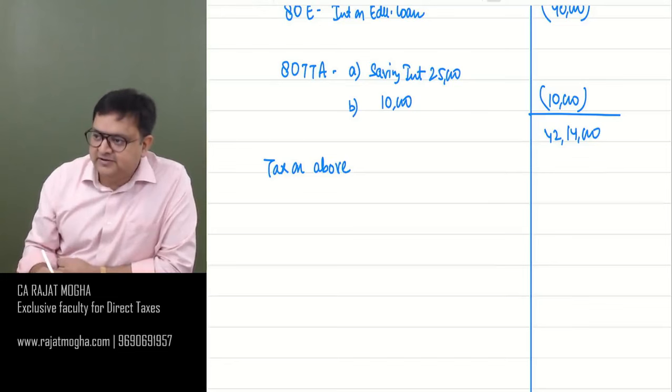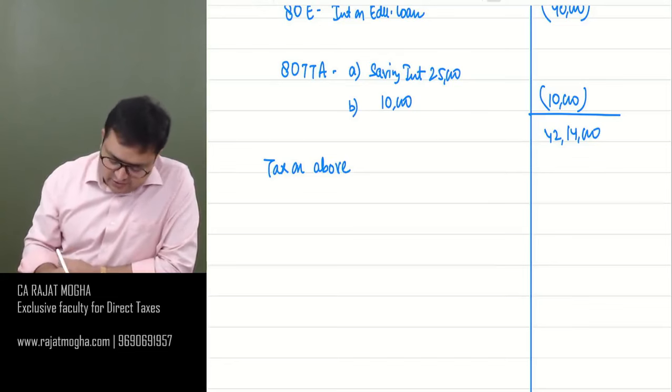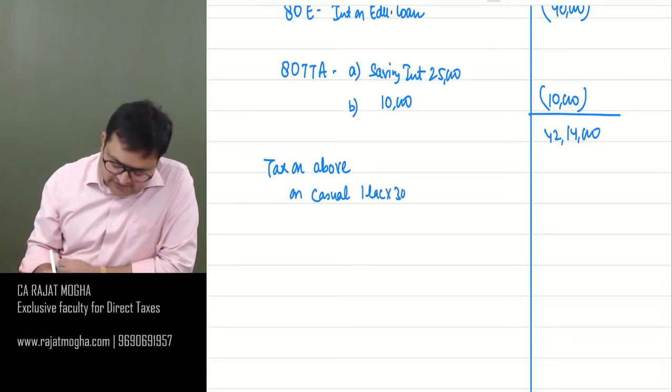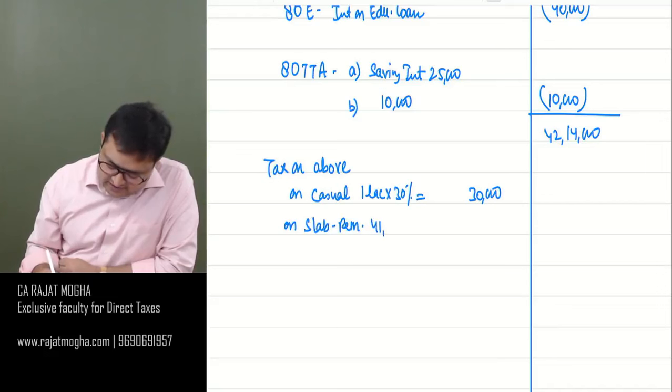Is it 107670, Raju sir? Okay. So on casual income of 1 lakh, 30% is the tax, 30,000 rupees. And on the remaining, we'll apply slab rates. So remaining would be, I believe, 41 lakh 14,000.